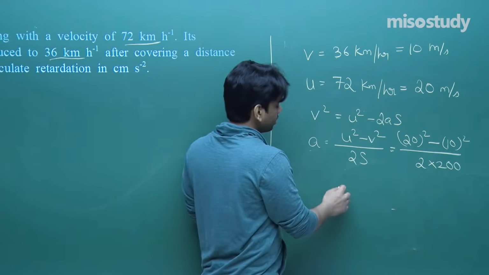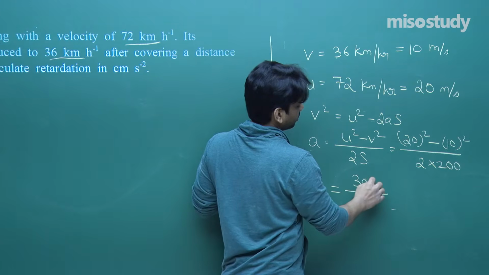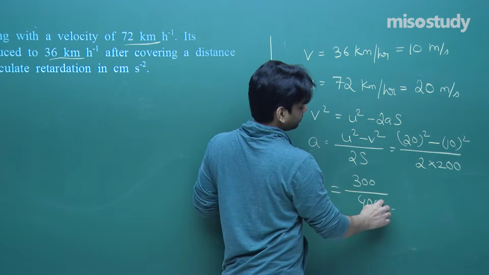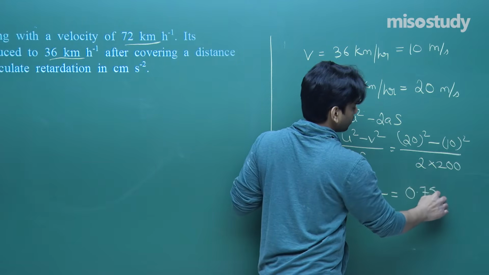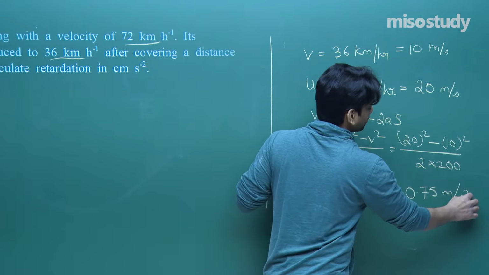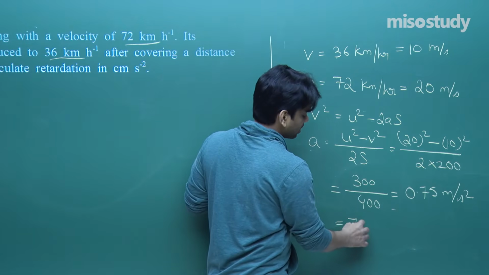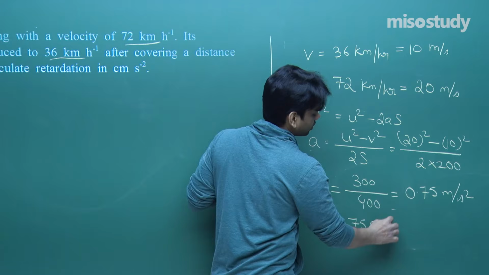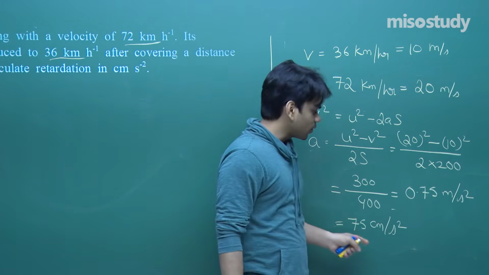S is 200. So 400 minus 100 will give you 300 divided by 400. You are going to get 0.75 meter per square second, 3 by 4, 0.75. In terms of centimeter, it will be 75 centimeter per square second. Easy, I believe so, not too tough for you all to understand.